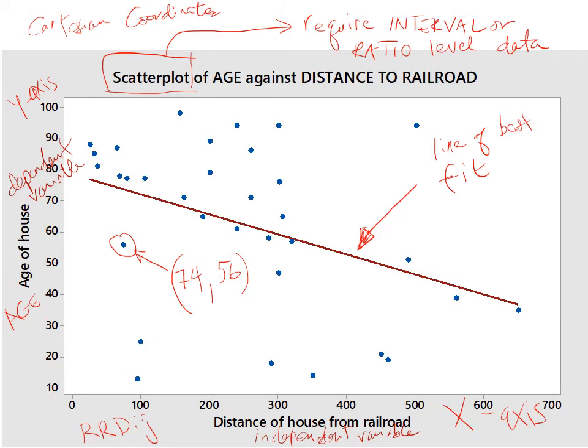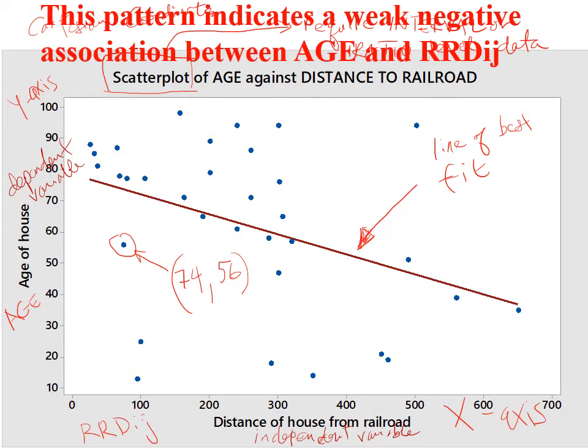In this case, the pattern indicates a negative association between age and distance from the railroad. It's a negative association because as one variable becomes larger, the other variable becomes smaller.